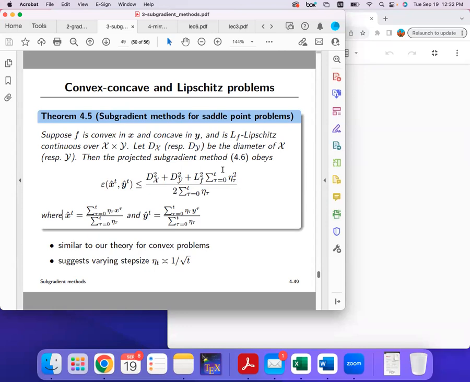The right-hand side is very similar to what we have for the projected subgradient method for convex problems. So the rate depends on the sum of the squared step sizes over the sum of the step sizes. We have seen similar bounds before.